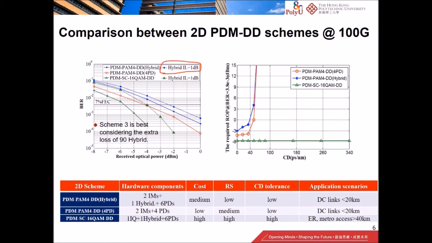Now the graph on the right shows the tolerance of the proposed schemes to chromatic dispersion. In this case, it's obvious that the first scheme, with complex modulation in one polarization and an unmodulated carrier in the other polarization, will be robust to CD because you essentially coherently receive the complex signal, in which case you can do a lot of signal compensation.